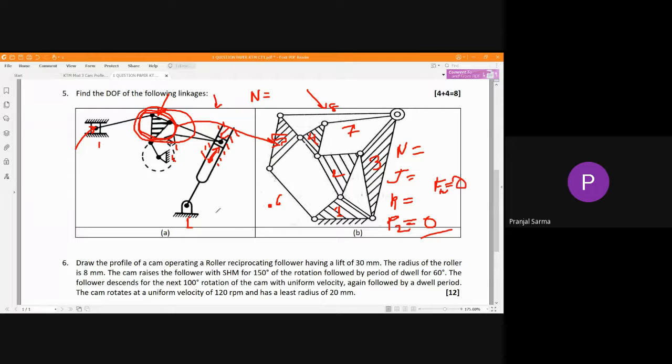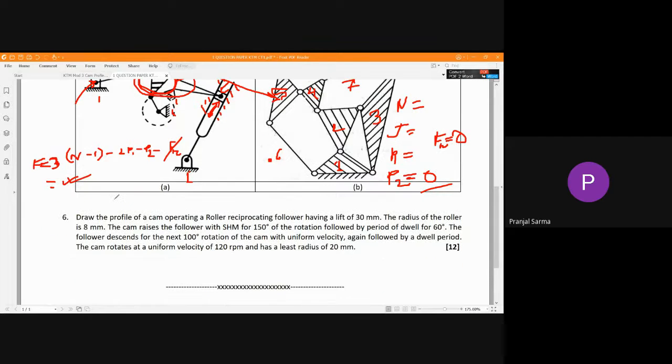Then the effective degree of freedom is 3(n minus 1) minus 2p1 minus p2, minus redundant degree of freedom, which is not there. So put those values and get the answer.